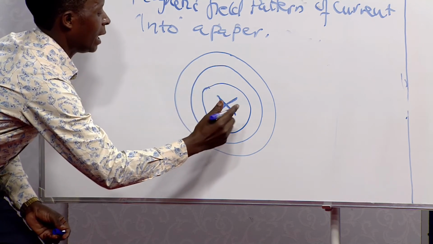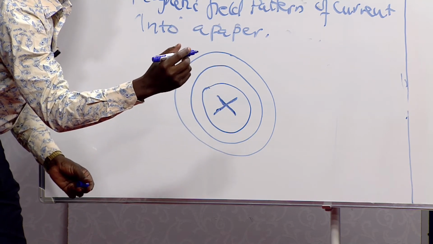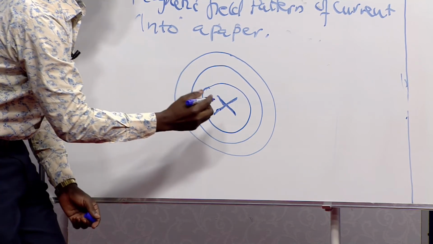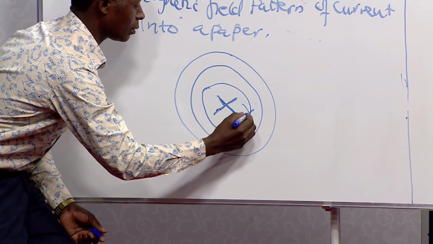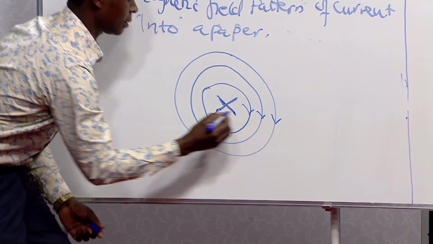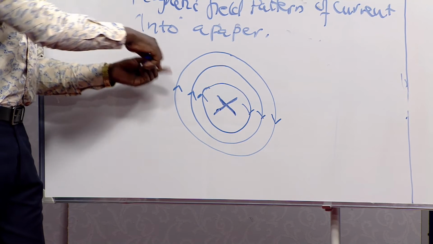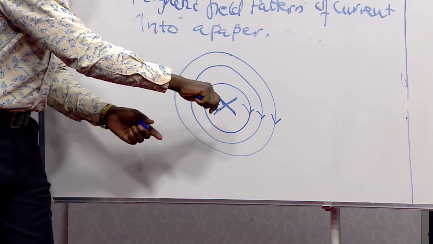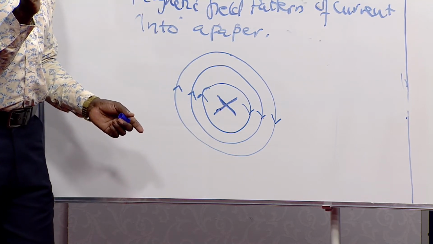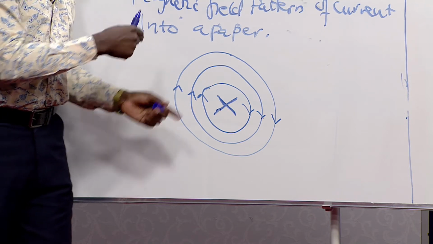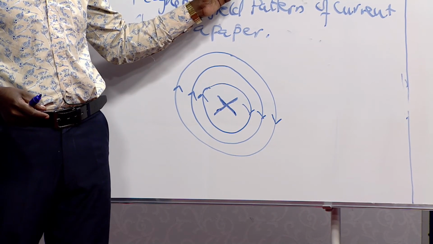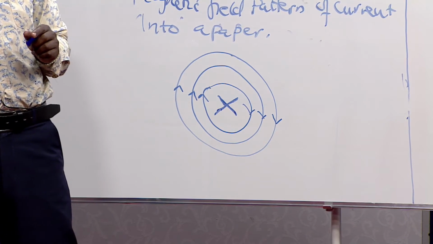So here, someone has sketched that. I think you have already finished. This is how it will look like, the opposite of this one here. A cross represents current into the paper. A dot represents current out of a paper.